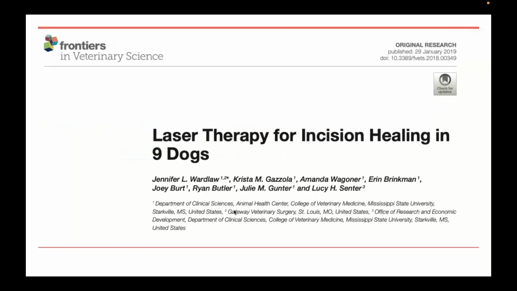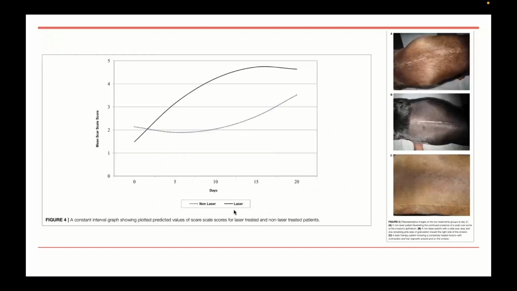More recently, this paper came out evaluating the clinical score for incisions after hemilaminectomy in dogs with or without photobiomodulation, and found that daily laser treatment for a week improved the scar score and cosmetic healing.